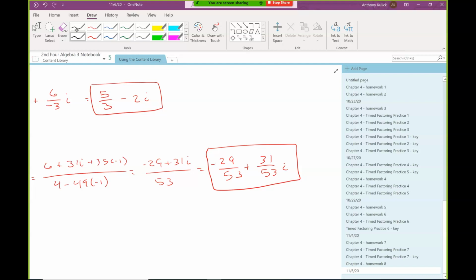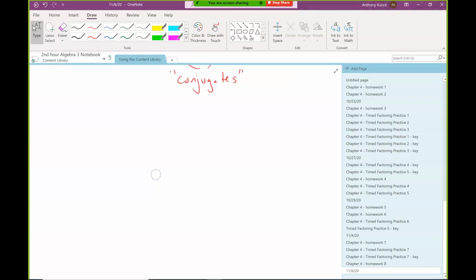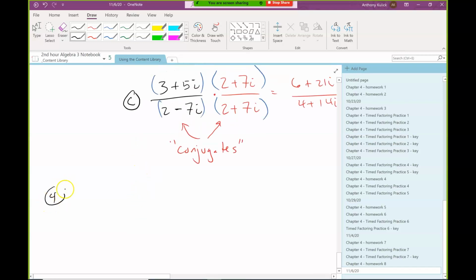All right. And the last operation that we're going to do is the absolute value. So before we describe how to do this, I want to ask you guys a question.